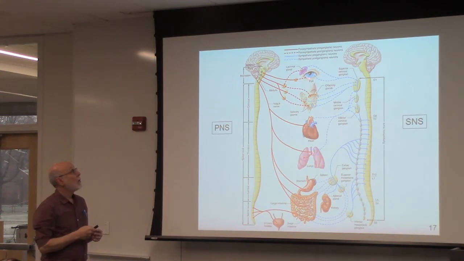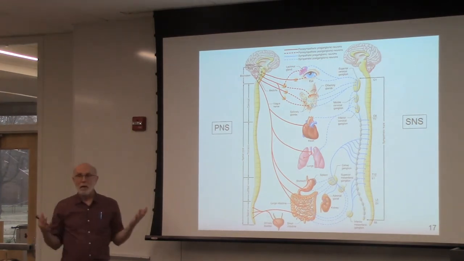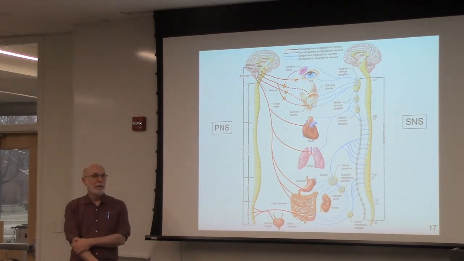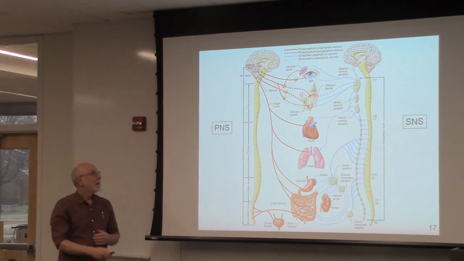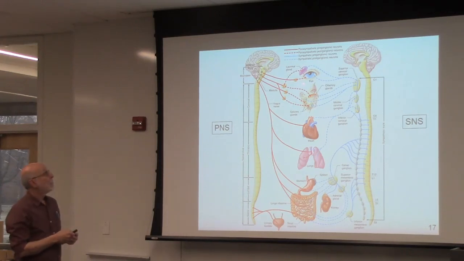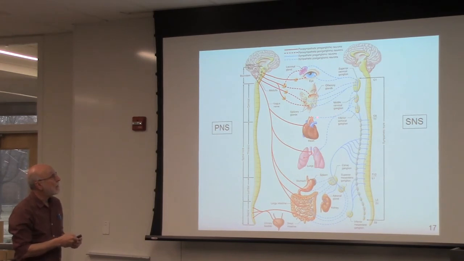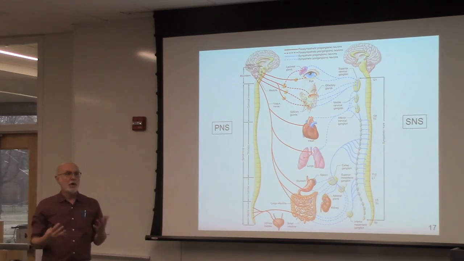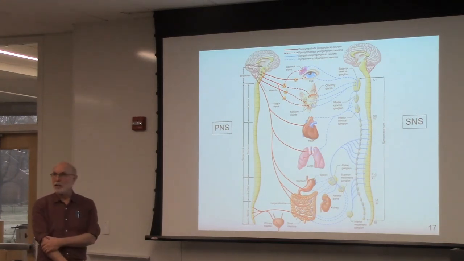So for example, the sympathetic nervous system and the parasympathetic nervous system control crying. Actors, I suppose, can turn on the tears at will, but most of us can't. Let's take another example. The sympathetic and parasympathetic nervous systems control the heart rate and the strength of contraction.